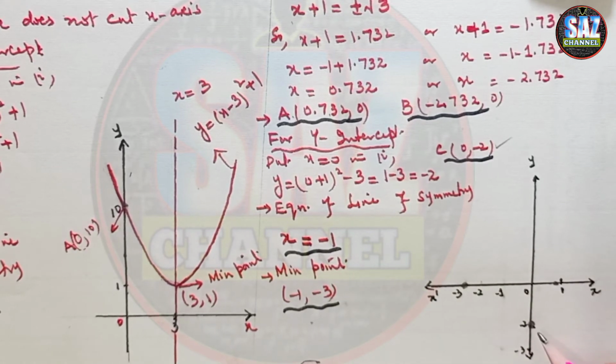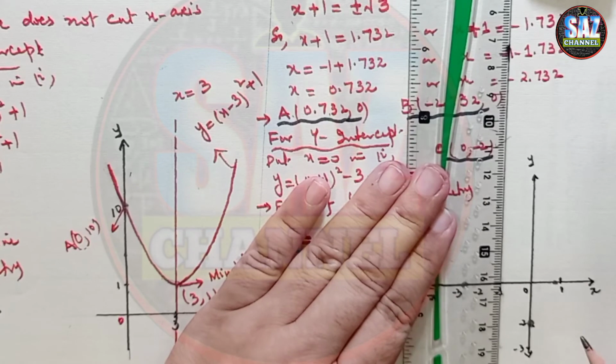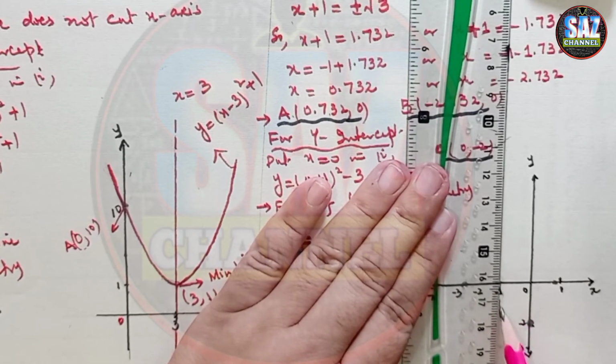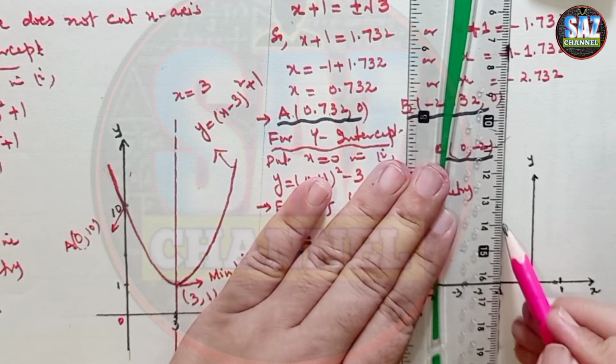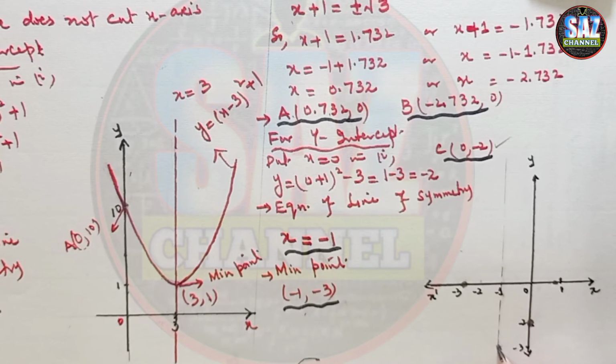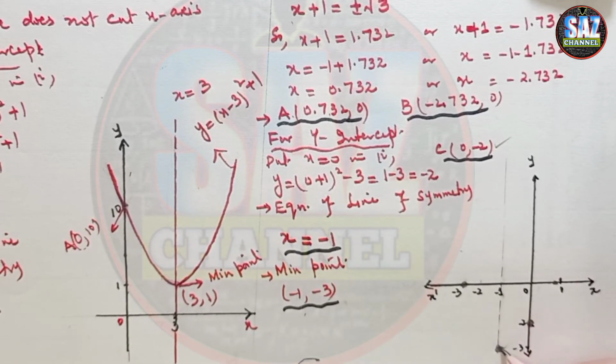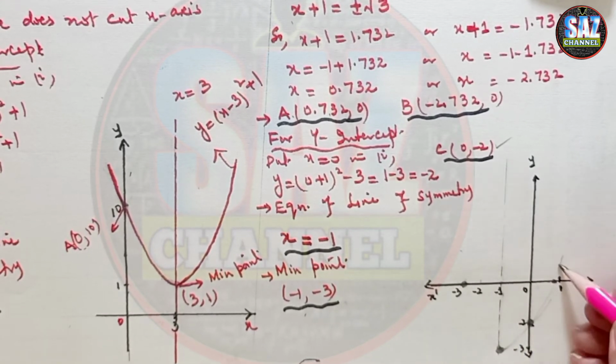First of all I have to mark my line of symmetry. This is the line of symmetry, and then I have to mark the minimum point, minus 1 with minus 3, and now join all these points with the help of a smooth curve.